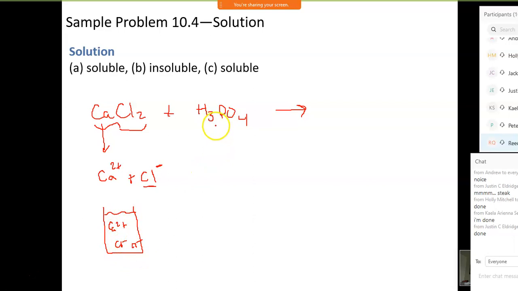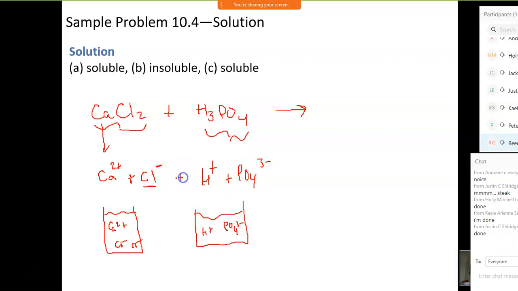All right, same thing for here, H3PO4. When I throw that into water, I get H+ ions. Now I get 3 of them, but again, I don't have a 3 as a subscript. It's an H+ ion. And then the PO4 is a phosphate ion. I form a phosphate, a PO4 3-.